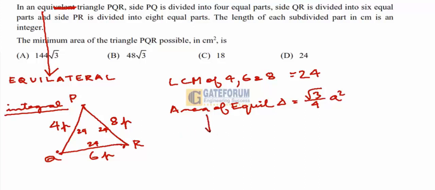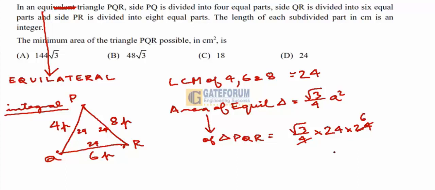So area of this equilateral triangle PQR will be equal to root 3 by 4 multiplied by 24 square. So 24 into 24. So 4 6s are 24. And 6 into 24 is 144. So the result is 144 root 3 centimeters square. Okay. So this is our answer. Hope that is clear.